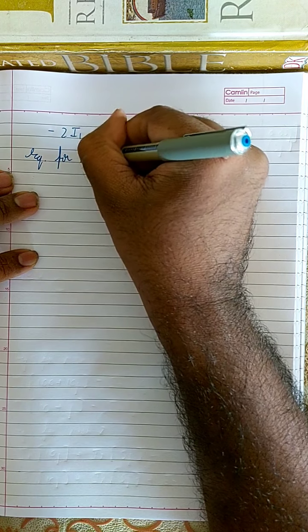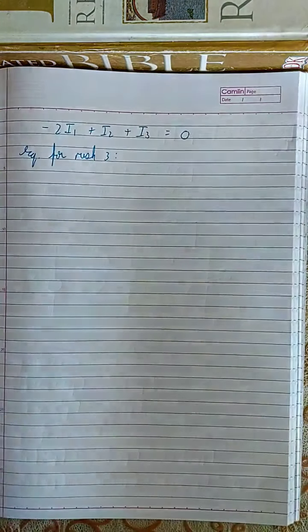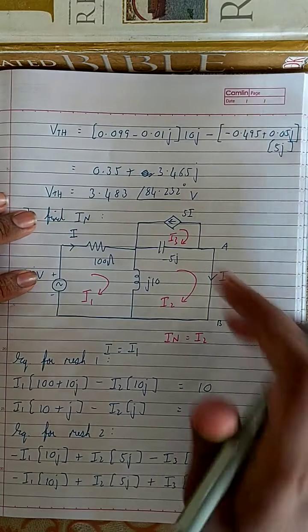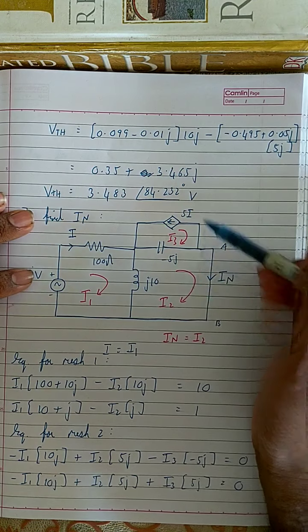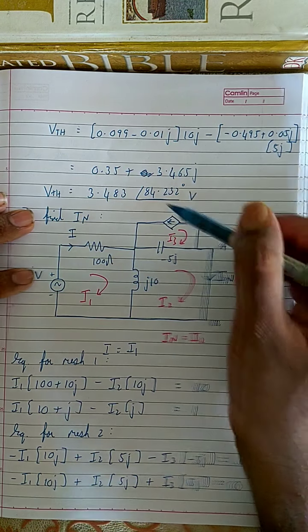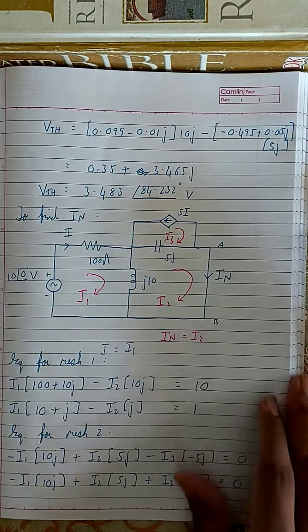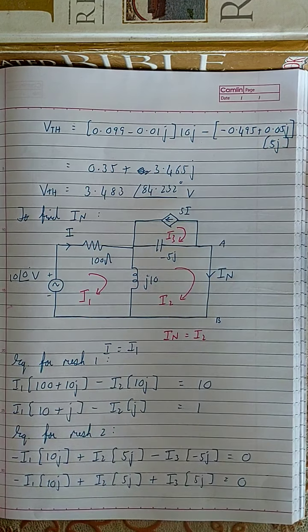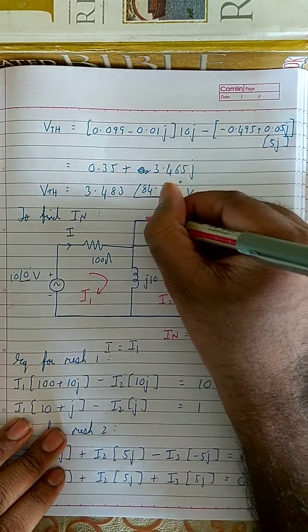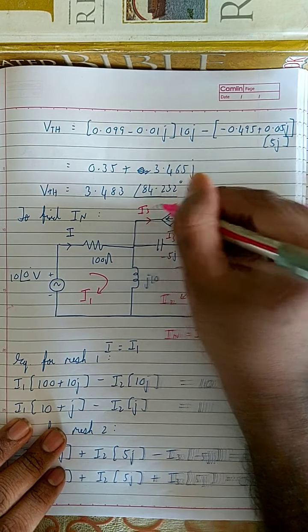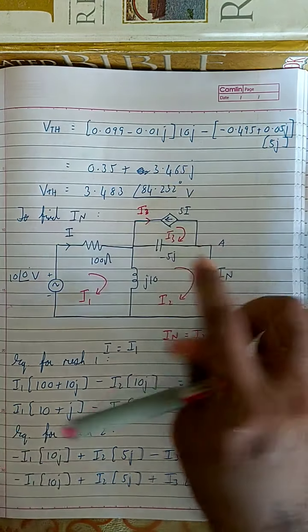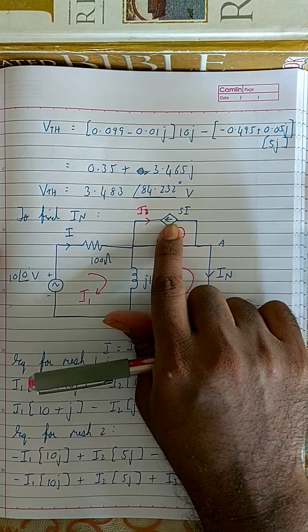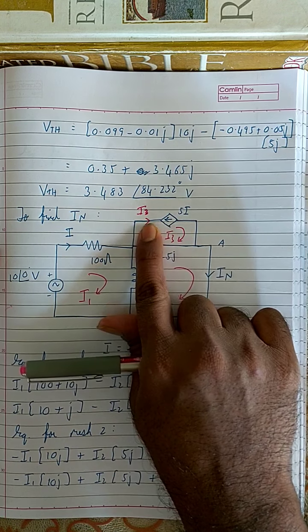Equation for mesh 3. Here the equation of mesh 3 is very simple because there's already a current source over there. The current through this branch is I3, the current flowing in this direction, and there's already a current source called 5I in the opposite direction.